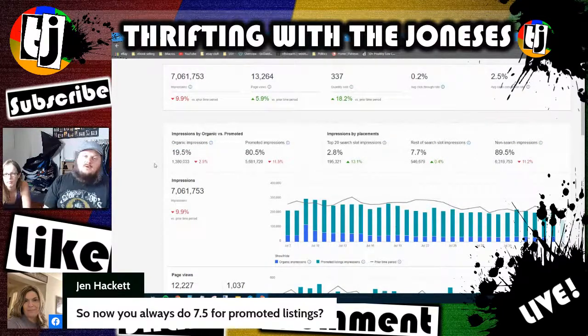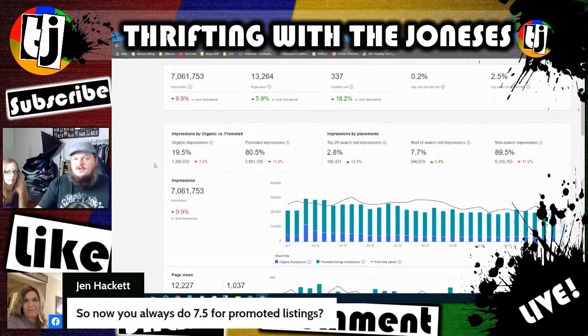That's not exactly how it works, right? Promoted listings and organic traffic are two separate things. So if you do a 1% promoted, you're not beating the people that did 0%, right? Virtually, if you do 1%, that means that you're beating everybody else that had promoted listings on. You're not in competition with organic traffic.